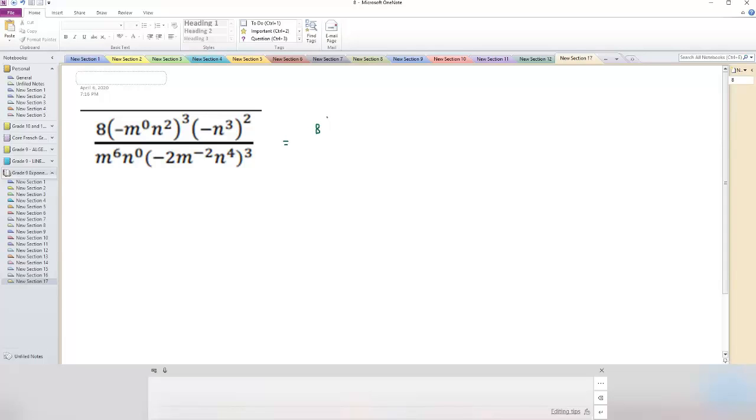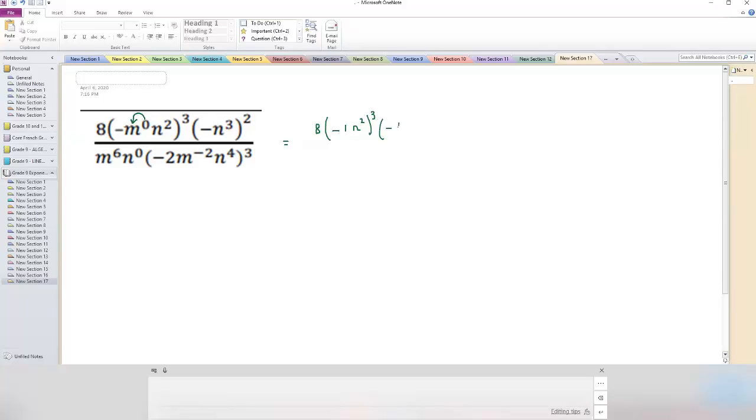I open bracket. It's saying negative m to the power of 0. You see here the 0 is affecting only the m. It doesn't have any control on the negative. So I leave the negative as it is. So negative 1 n squared, the whole thing to the power of 3.